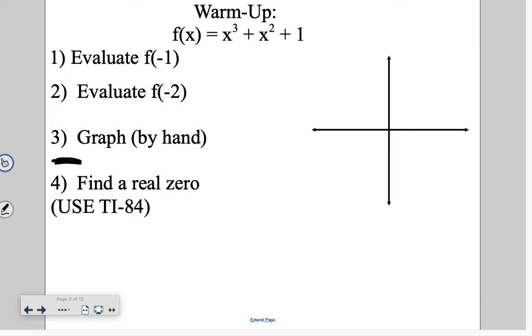Do the first 3, and we'll do number 4 together on the graph and calculator.